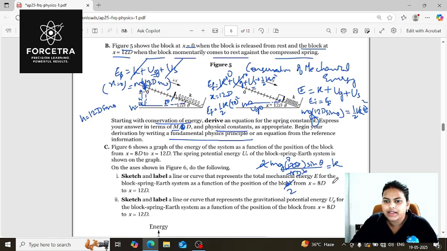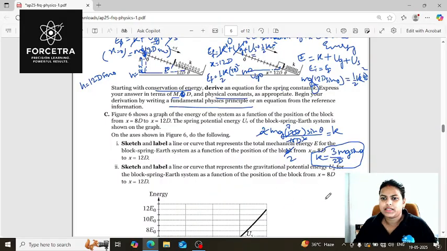So the term I get is K equals 3 over 2 times mg sine theta over D. This is the K term I am getting.